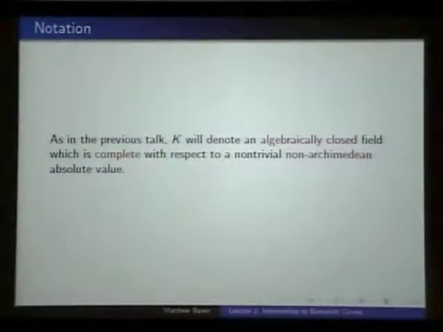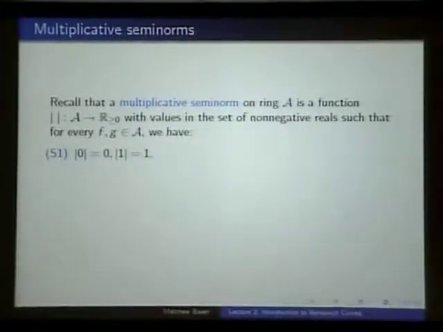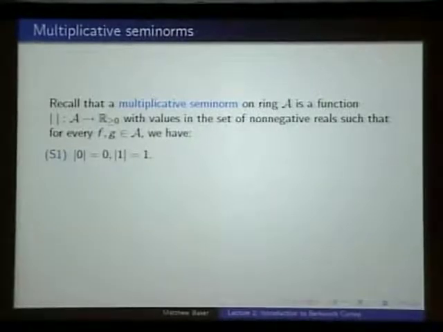And as in the previous talk, I'll remind you that K is an algebraically closed field complete with respect to a non-trivial, non-Archimedean absolute value. This is just to make life simpler. Okay, so recall that the fundamental notion out of which we construct Berkovich spaces is a multiplicative semi-norm.